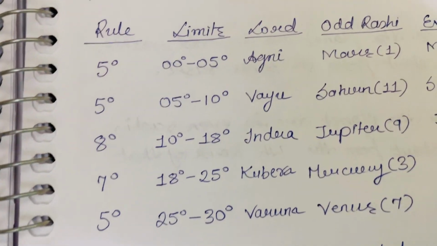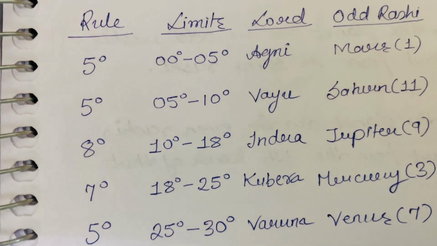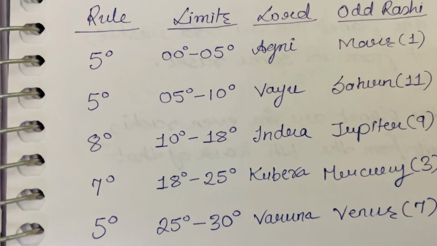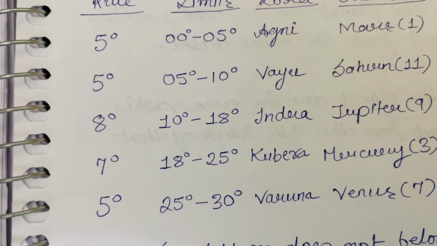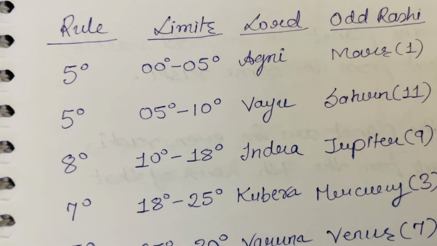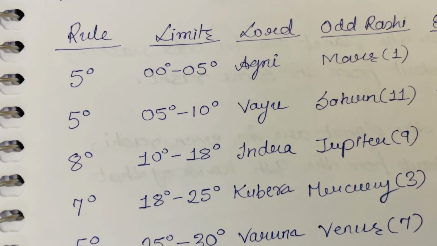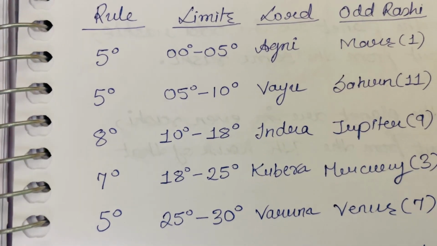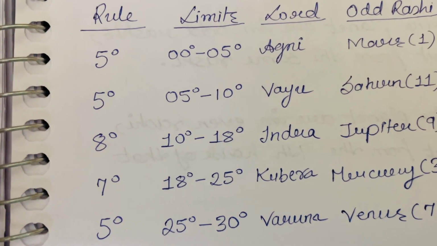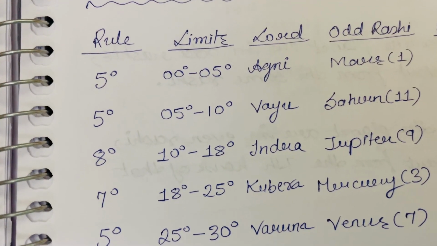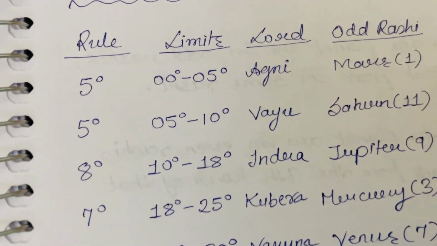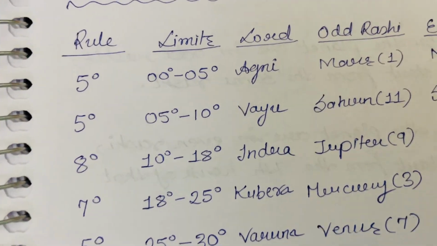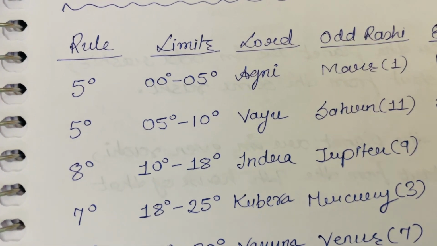In the Trimsamsa chart, mathematically, the concept is a bit different when we understand the theory and the principle of the Trimsamsa chart, as compared to the other Varga charts we had done. It is something a bit unusual compared to what you have seen while creating the other divisional charts.